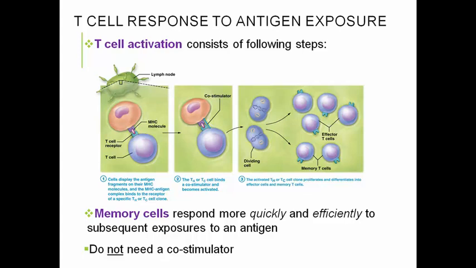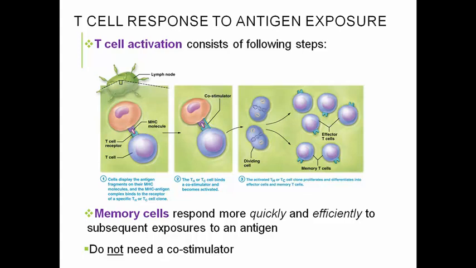So T cell activation has the following steps. Step 1 from the figure shows that you display the antigen in the MHC complex. So I think of the MHC protein like the hot dog bun, and the antigen that's presented there, that's the specific part of the antigen that is pathogenic, is considered to be an epitope, or if you think about it, like a hot dog in the bun.